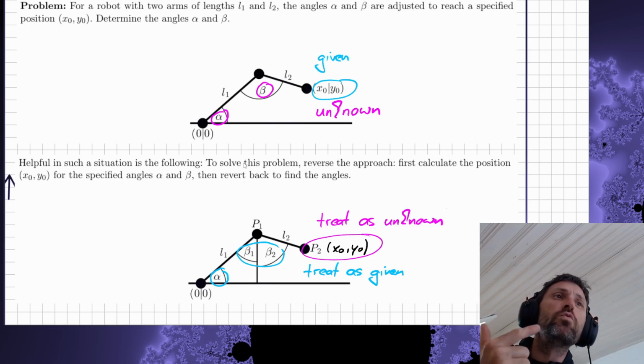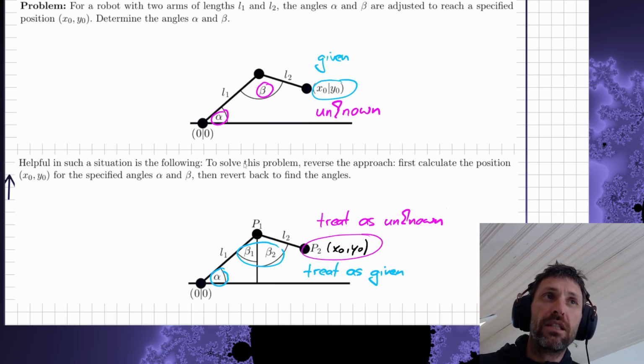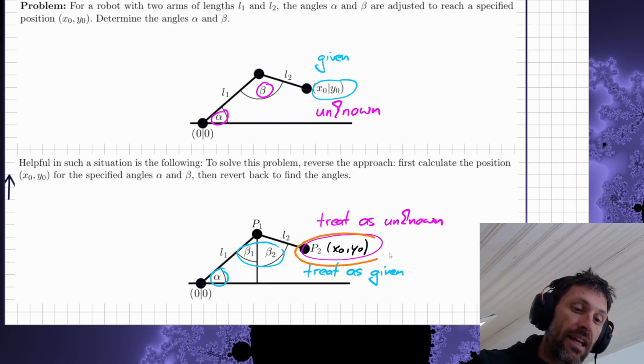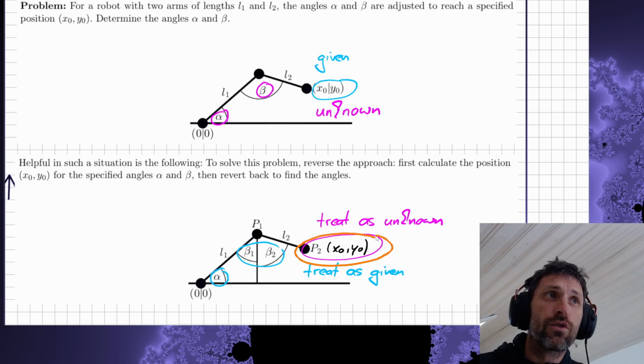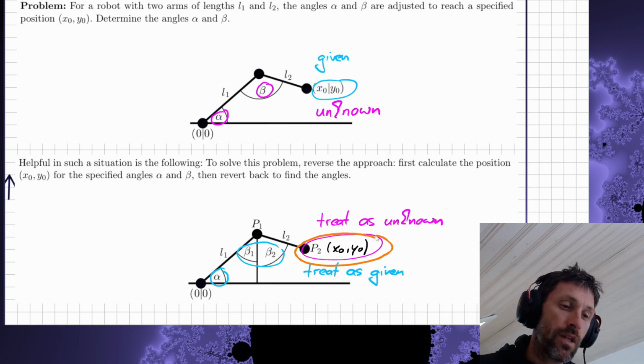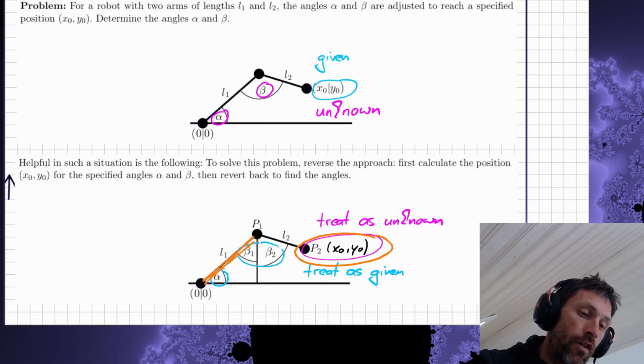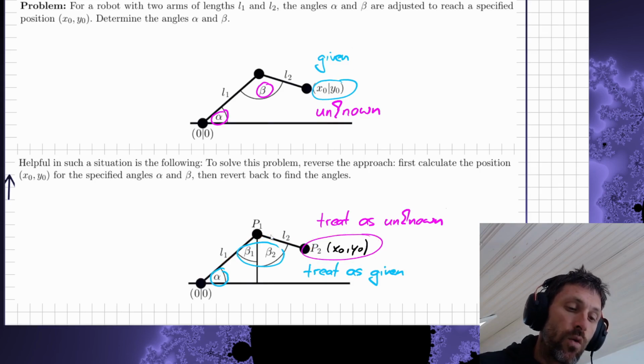Let's assume I know alpha and beta, and I ask where is x0, y0 for some given alpha and beta? The lengths of these two arms are given.